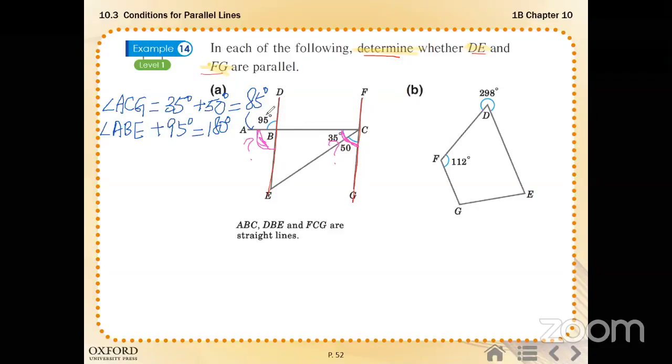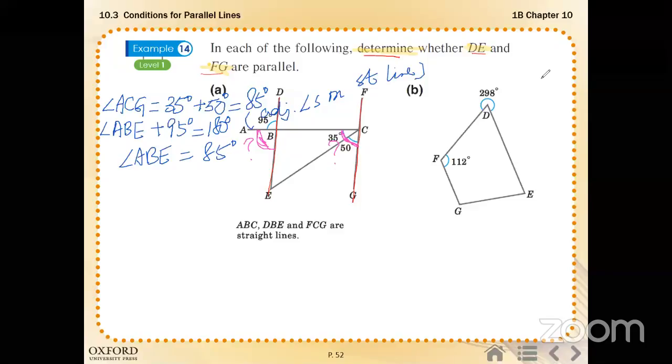Because they are on the straight lines. Therefore, we need to tell the reasons: adjacent angles on straight line. And then you can find angle ABE. Should be 85 degrees, right?